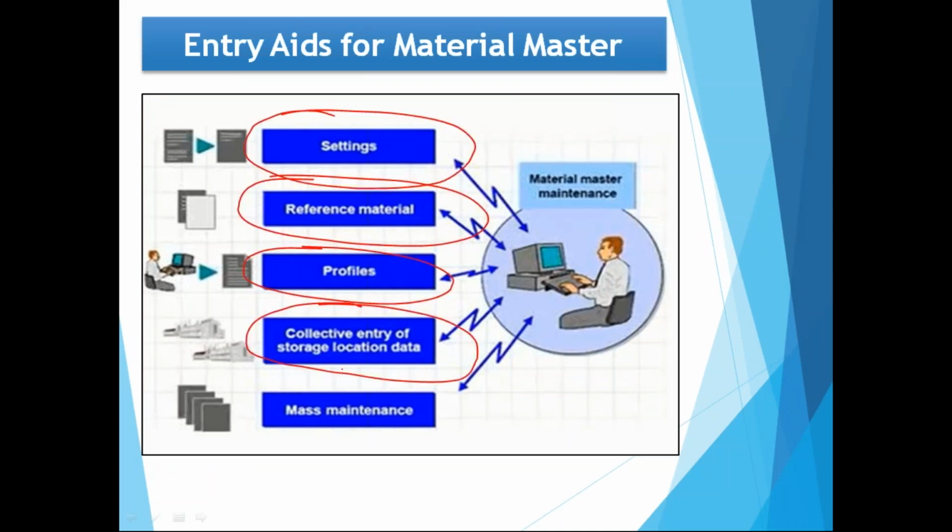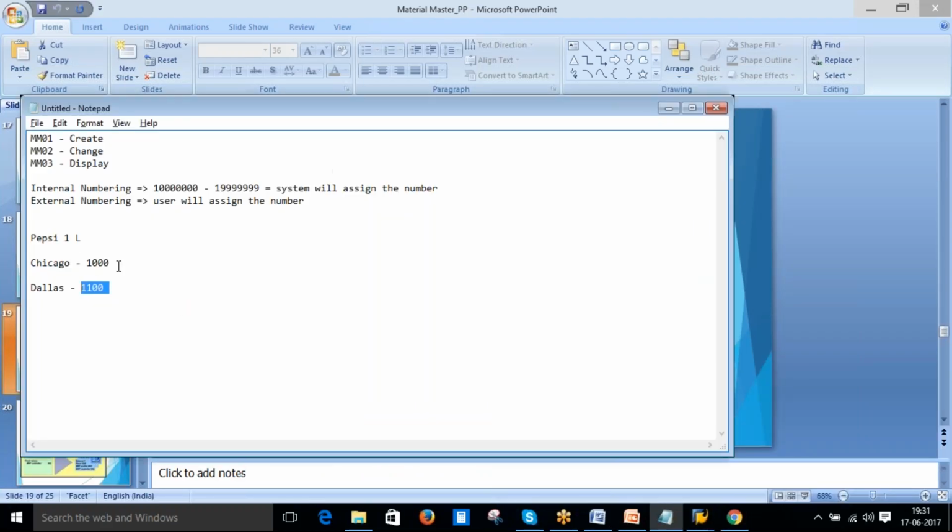Let's start with settings. Now let's say our material, the Pepsi 1 liter bottle which we created, exists in two plants. Let's say you are working in Dallas plant 1100 and you are least bothered about plant 1000.